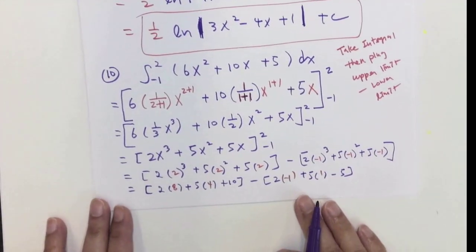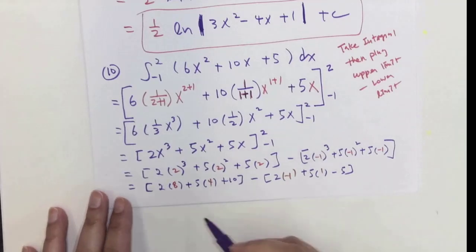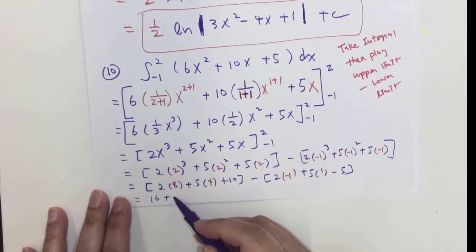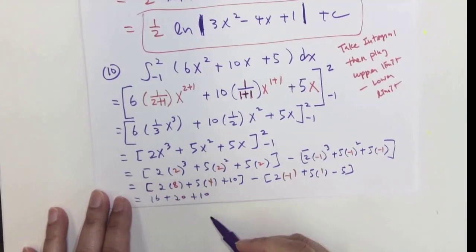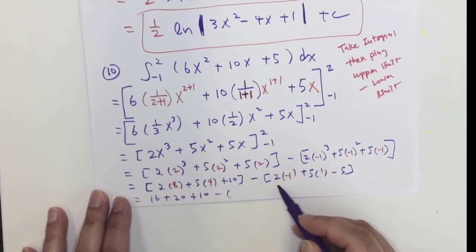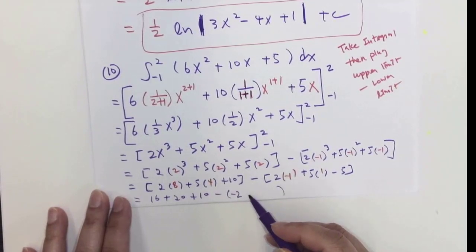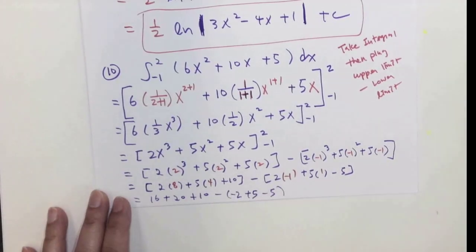And we need to combine all this number together, right? So this would be 16 plus 20 plus 10, I think. Subtracting in here, we got -2 plus a 5 minus a 5.